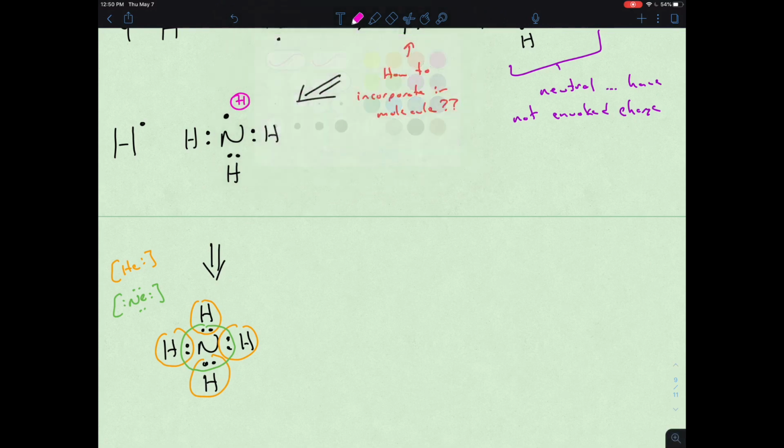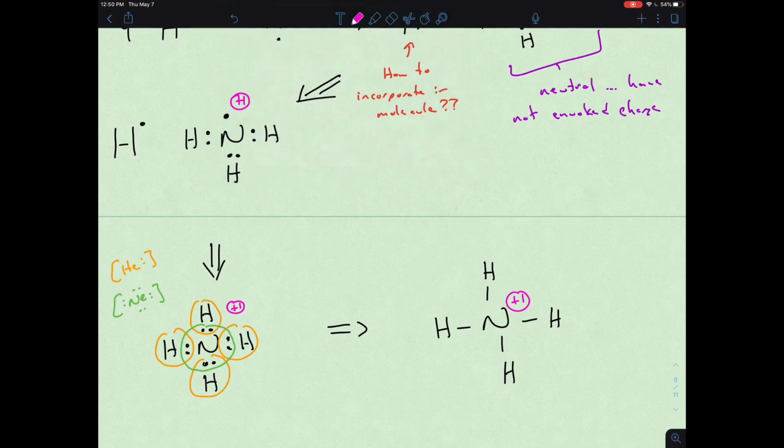But in the process of doing that, that means that that nitrogen is actually +1. So I can put the structure together. That looks like this, where I have my sharing of 2 electrons, creating my 4 bonds to the nitrogen.